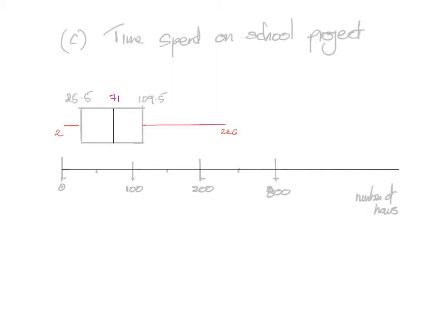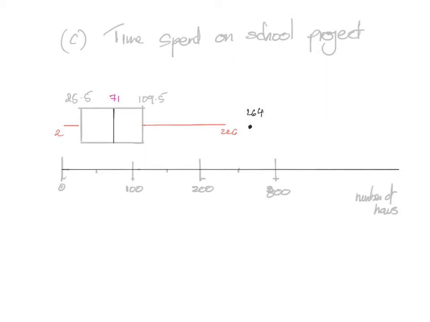Well, you can see on the diagram there that the whisker goes up to the next biggest value in my data. And the next biggest value in my data was 226. So my whiskers stretch on the bottom end from 2 up to Q1, and then from Q3 up to 226. And then the last bit of information that goes in is my outlier, which is at 264, which would be around about there for my graph.